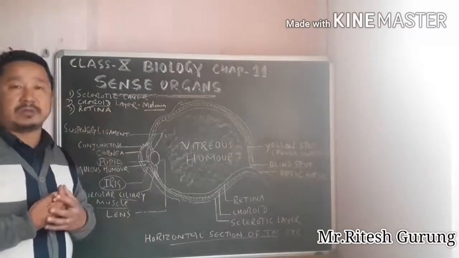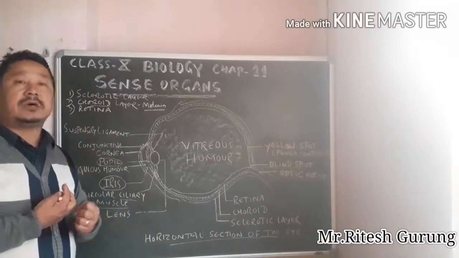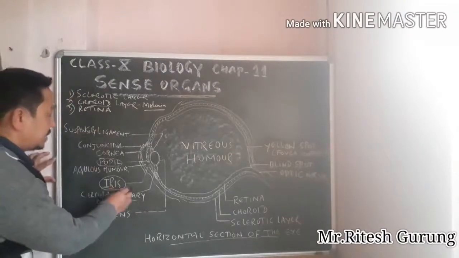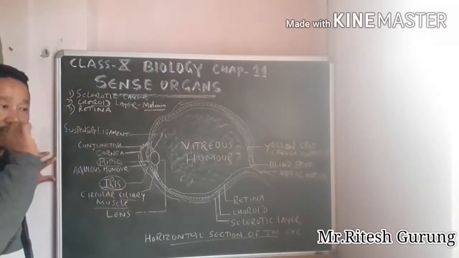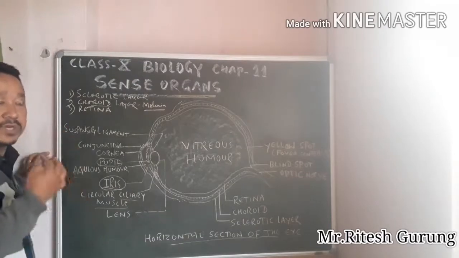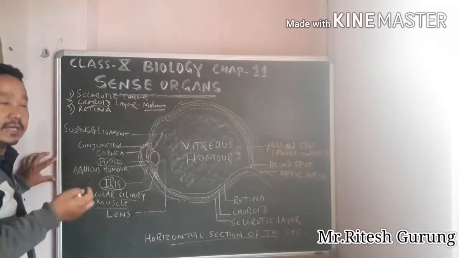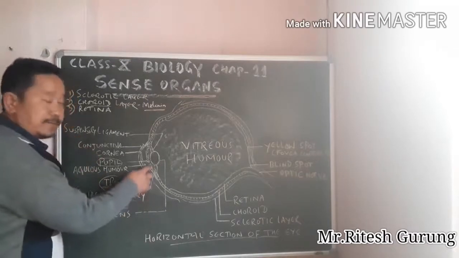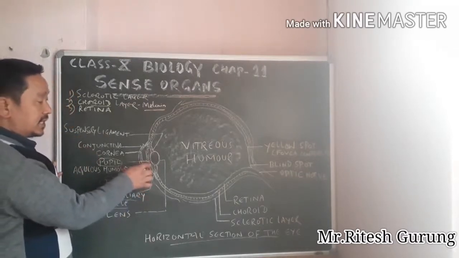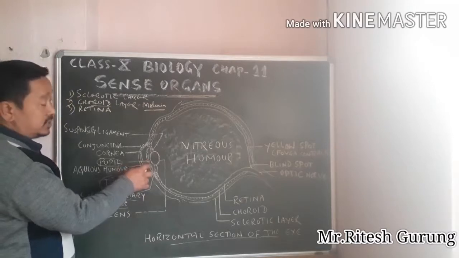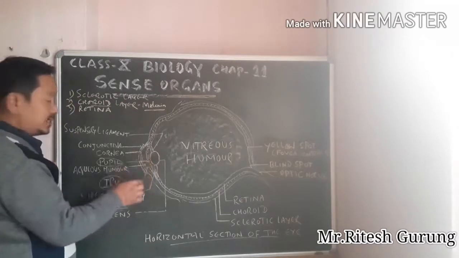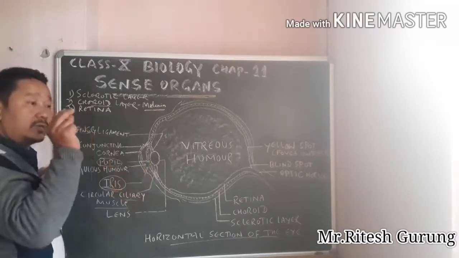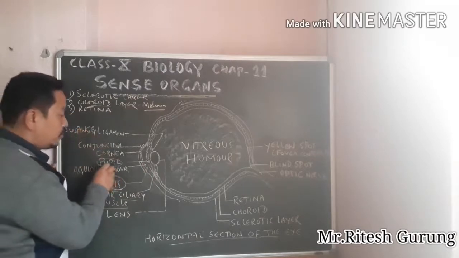So this color of the eye is actually the color of the iris. And as I was telling you, in the center between these two ends of the iris, there is a round aperture called the pupil.